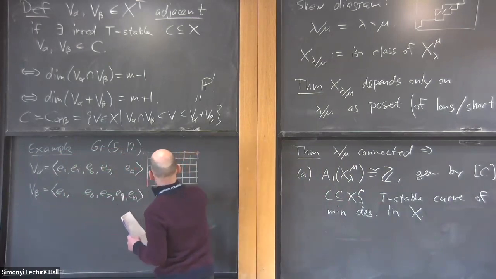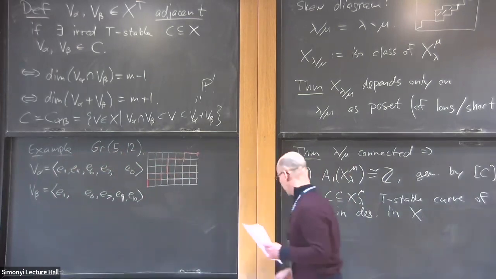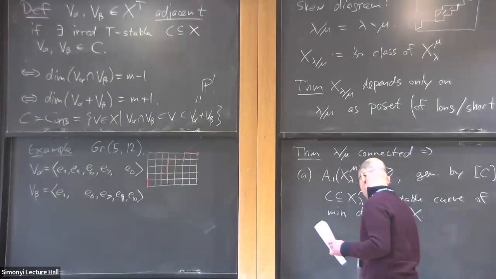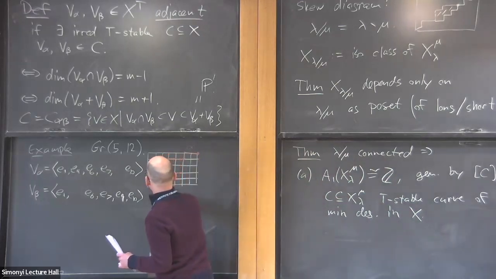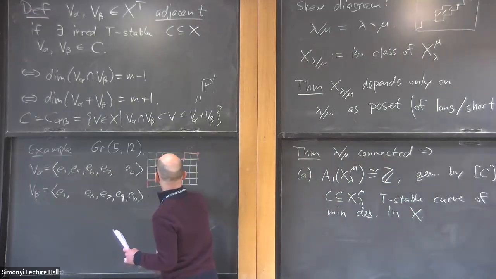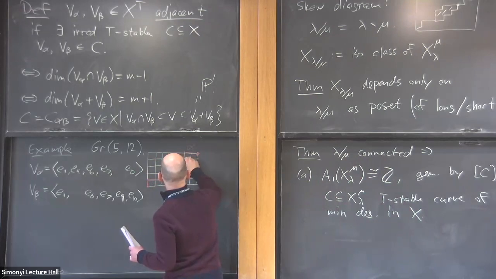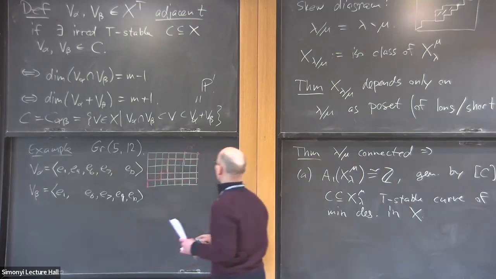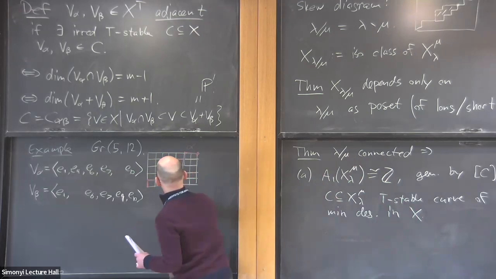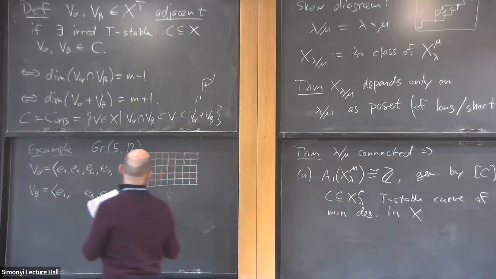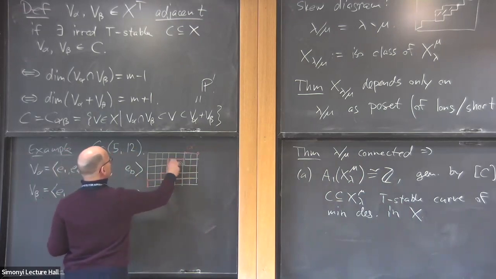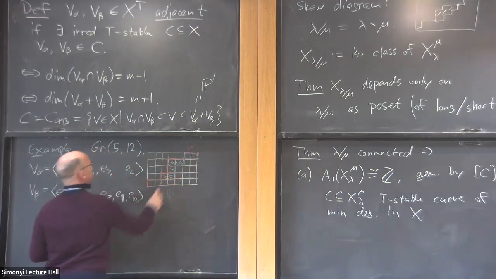So this is alpha. And let's see, beta goes up at step 1, 2, 3, 4, 5, then it goes up at 6 and 7, 8, it goes up at 9, and then it just follows along alpha. So this is beta. Right, so alpha slash beta is this thing in here.